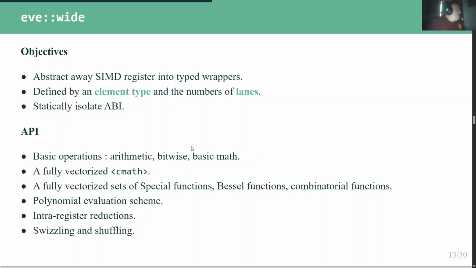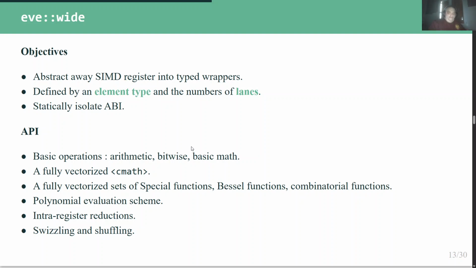We have a fully vectorized CMath implementation, so you can use vectorized cos, exp, log, and whatever. We have a substantial set of fully vectorized special functions, Bessel functions, and combinatorials. Different vectorized polynomial evaluation schemes, some operations inside the register, we are going to have a look at that a bit later, and so on and so forth.